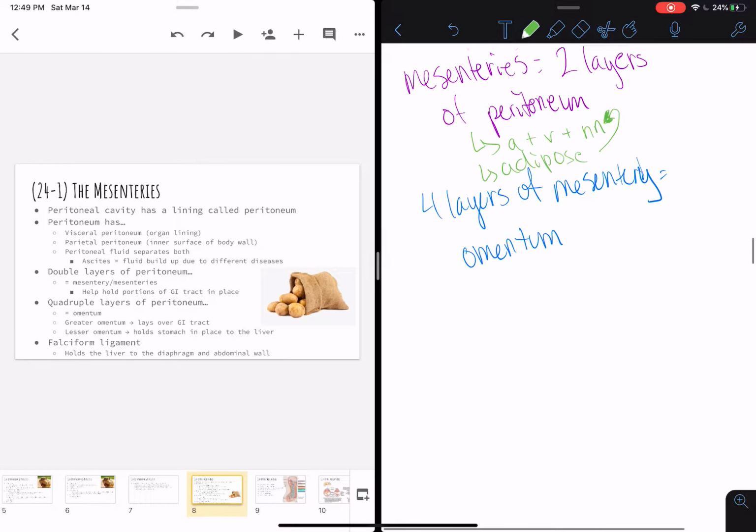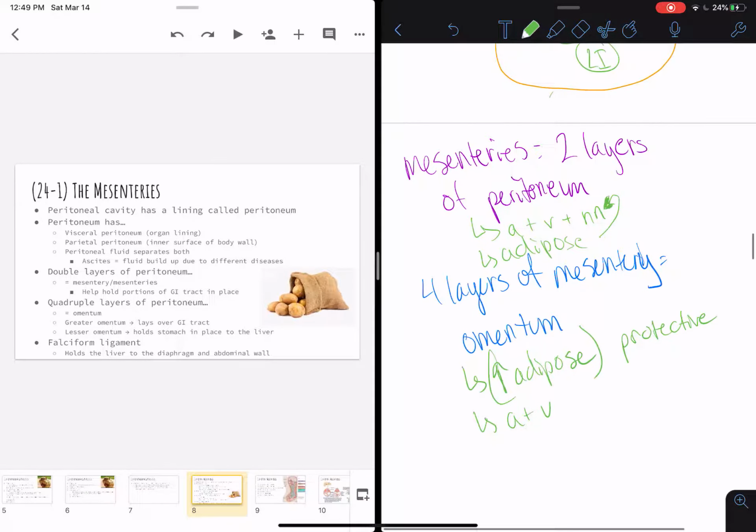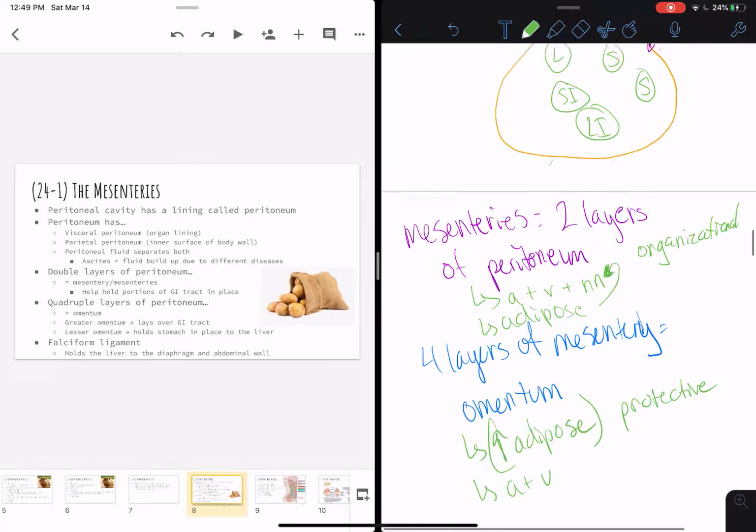The omentum is going to have even more adipose tissue, and some arteries and veins, not really a lot of nerves, but it's mainly purposed to be a lot of adipose tissue. So this is going to be more of a protective feature. This is more of an organizational feature. Okay, so let's draw these in.